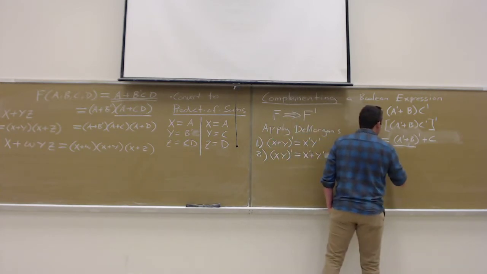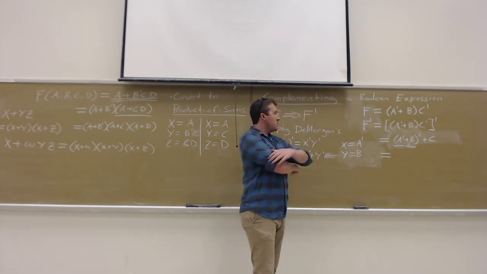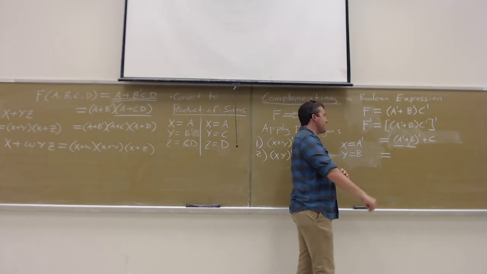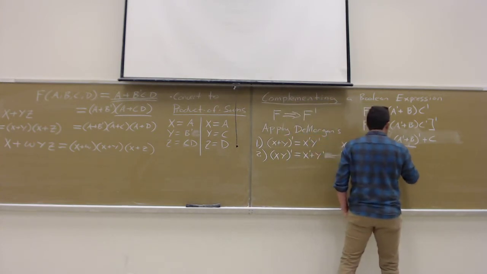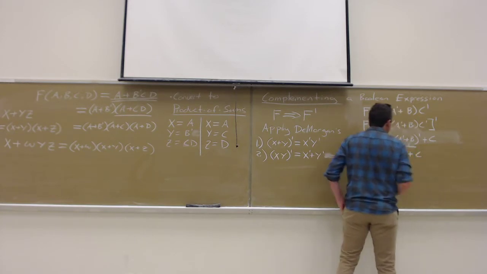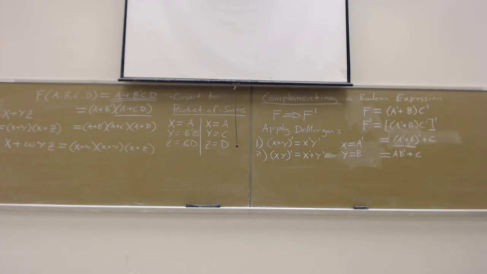So that gets us a and b prime, or c. And now that we've got it back in sum of products form, we're good to go. Everything's finished. Just apply De Morgan's theorem over and over again until you've reached the end.